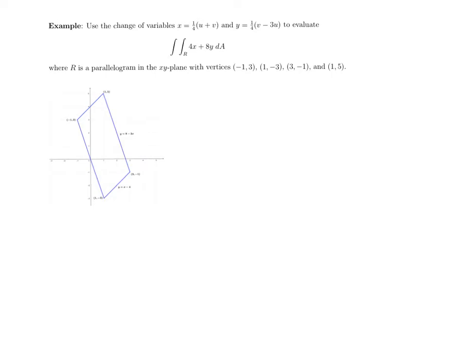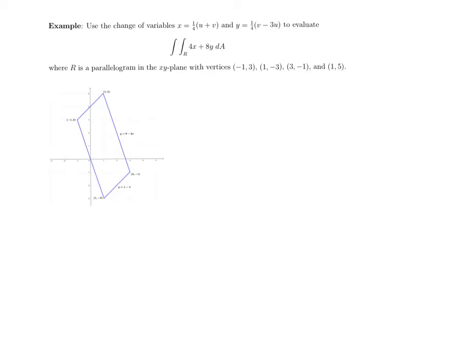Note, if you wanted to think of this as, let's say, a type 1 region, we would have to break it up into two pieces. You would have to look to the left of 1, and we can see the region varying nicely between functions of x. Then you'd have to look to the right of 1, where it's varying between different functions of x. So if we wanted to evaluate this directly, we certainly could, but it would require us to evaluate two double integrals.